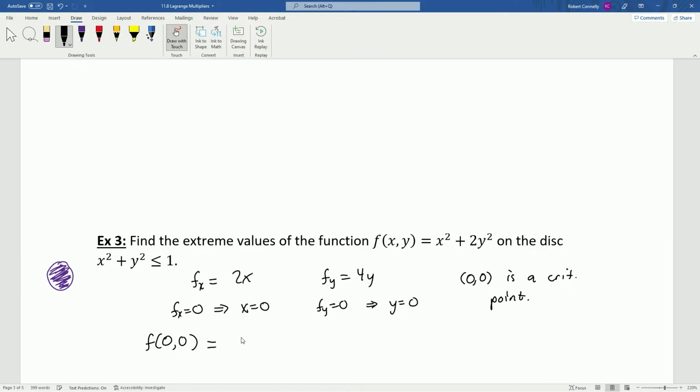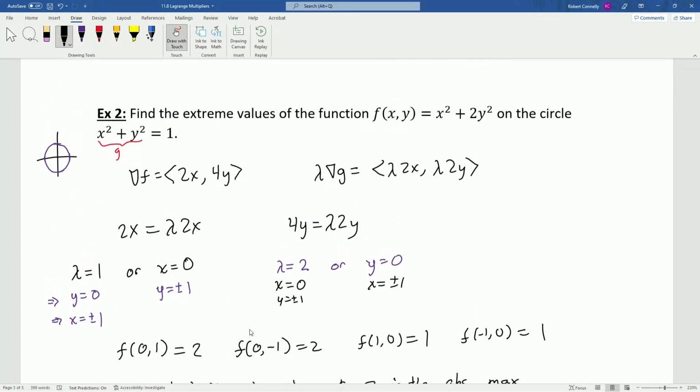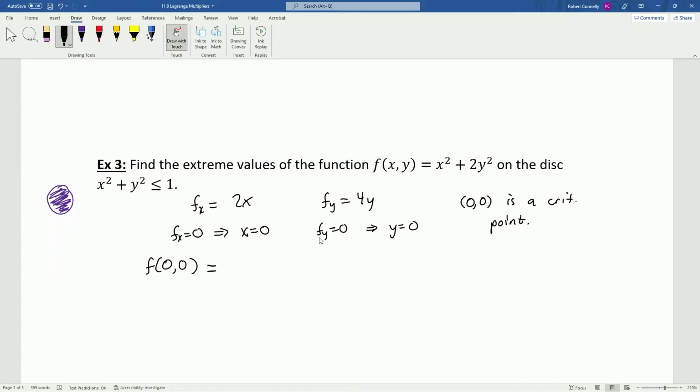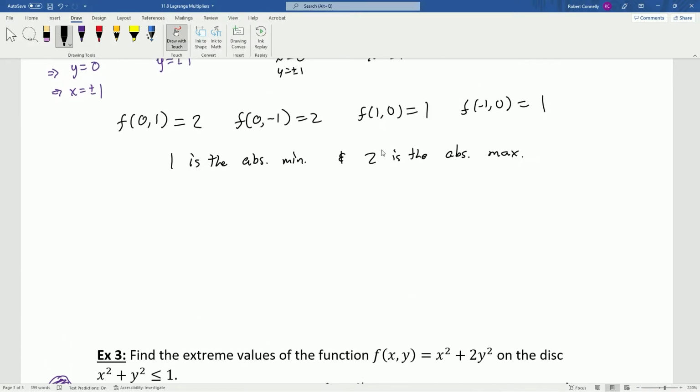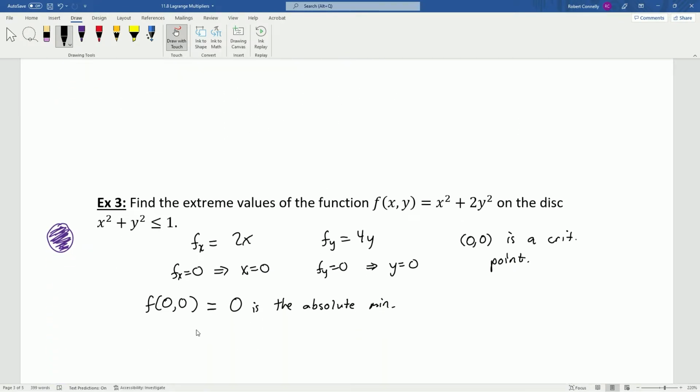If we plug that into our function, we get 0. So in this context, this is the absolute minimum. And this boundary value of 2 is still the absolute maximum.